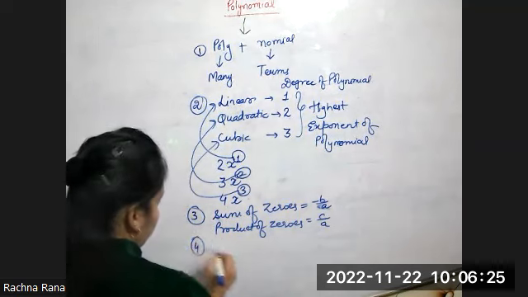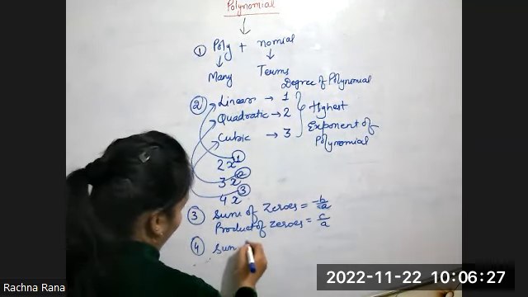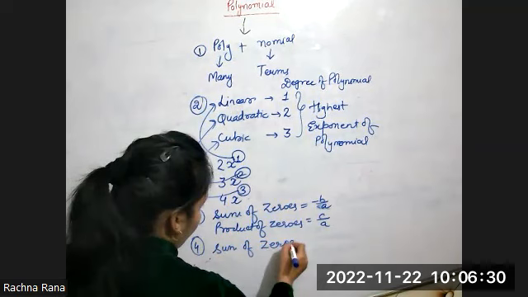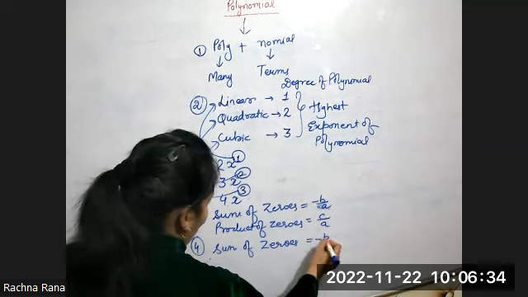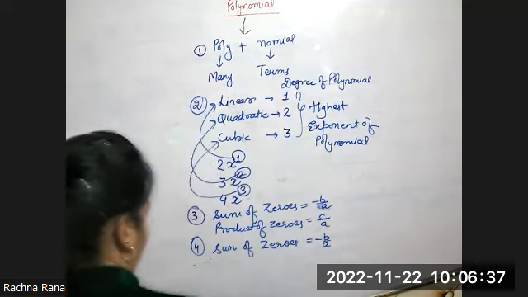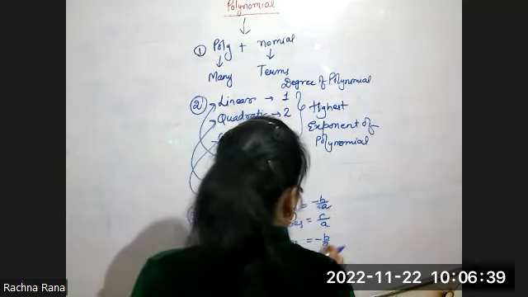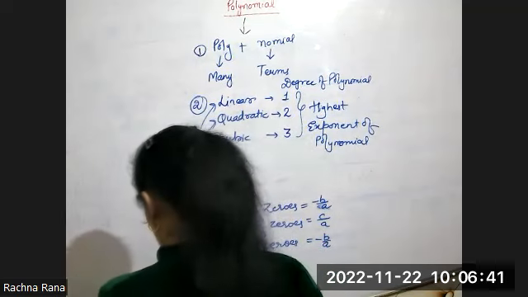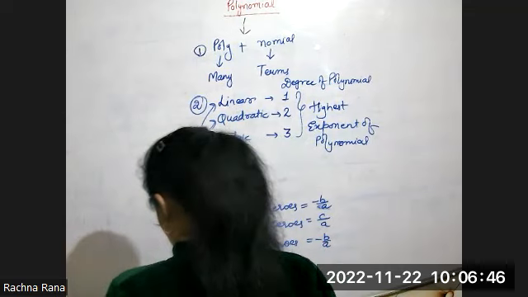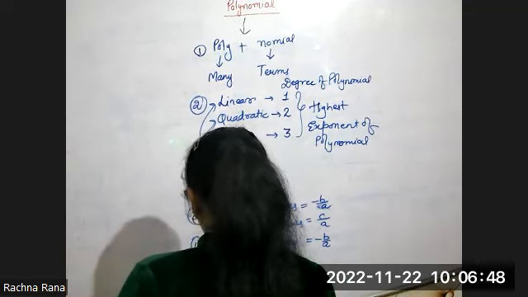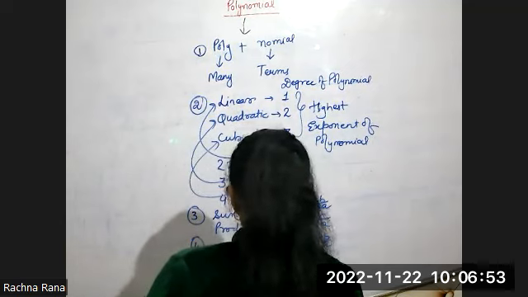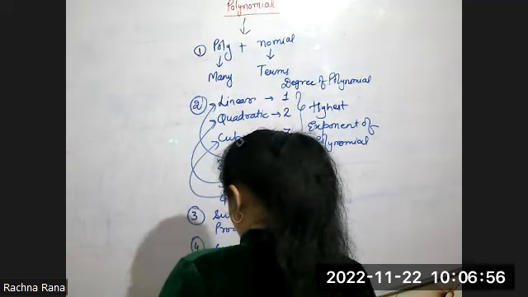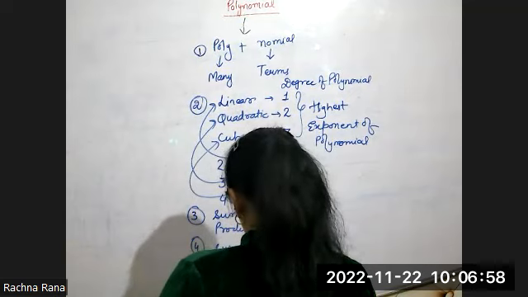And fourth, we discuss the sum of zeros, minus b over a, and the product of zeros, minus d over a.